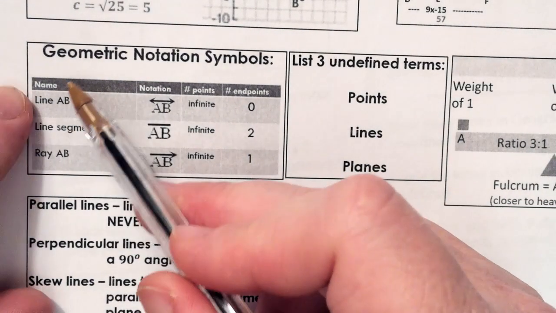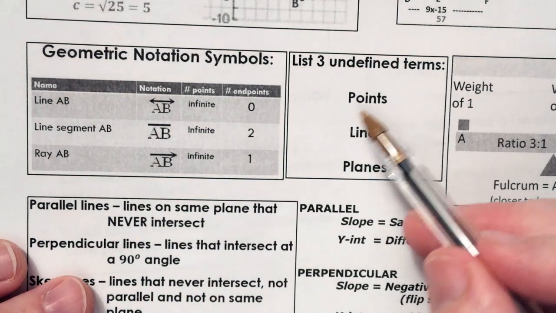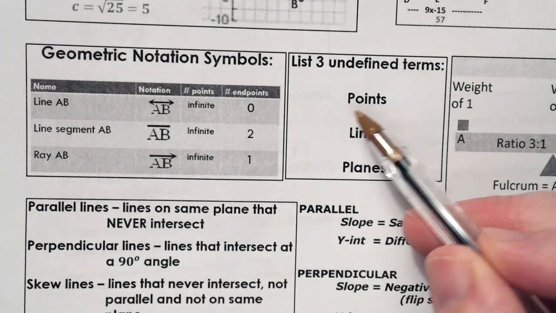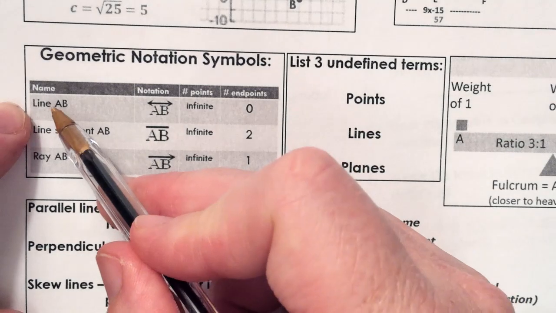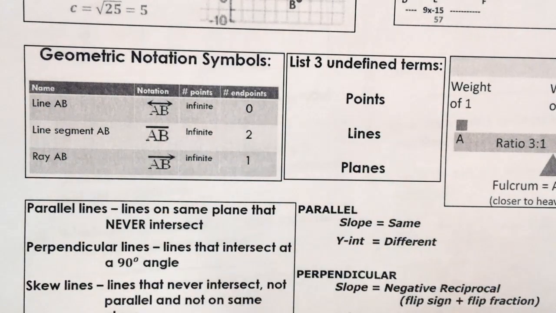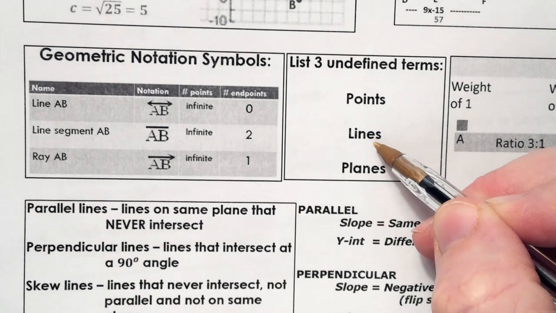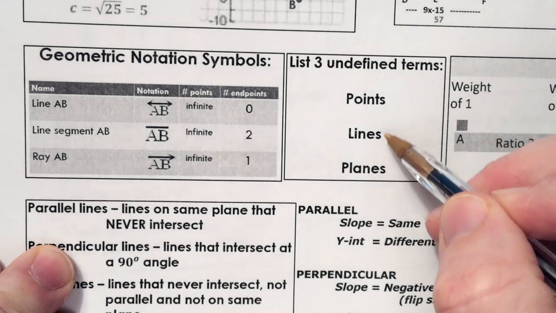So a ray, a line segment, a line, those are all types of lines. We're not going to list all 3 of them. We're just going to say lines, the entire topic. So the 3 undefined terms are points, lines, and planes.